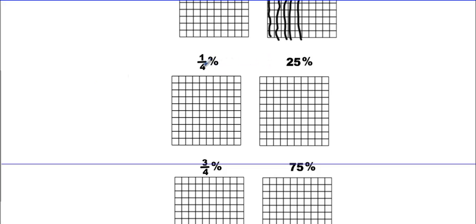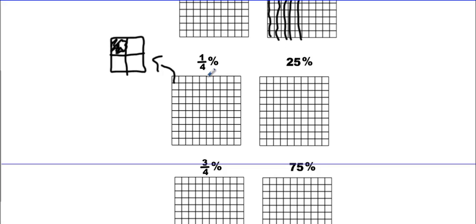Moving on here, we have 1/4 and 25%. And then people will be like, well, look, this is 25%. 1/4 is 25%. I once got 1 out of 4 on a test. I hope you didn't get 1 out of 4 on a test. But if you did, you would get 25%. Yes, you are right, but this is 25% of just a percent. So you're going to take this little guy, make him really big so we see him easily, and then find 1/4 of the percent. So here's 1%, really big. We're going to chop it into 4, and we're going to shade one of them in.